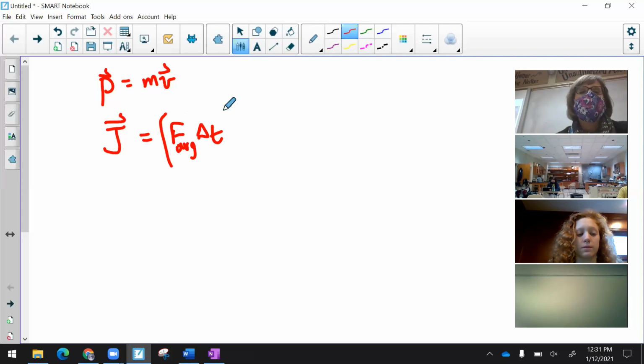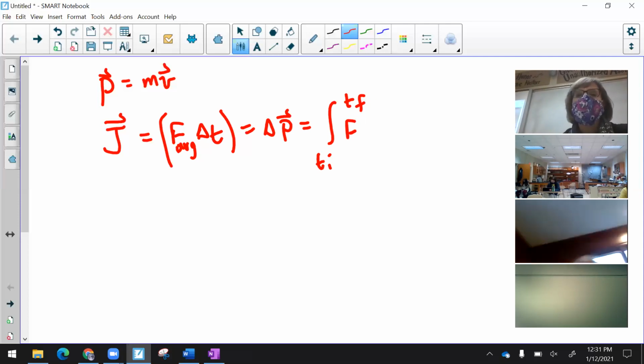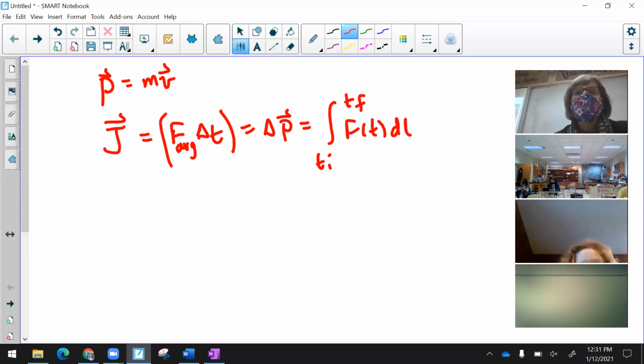Okay, so actually we're going to come back to this one in a minute. So what else is J equal to? Annabelle? Change in P. Okay, so it's equal to the change in P. And then we also said that it was equal to an integral, right? It was equal to the area under the curve between whatever two times we were talking about, the integral of f of t dt, okay?